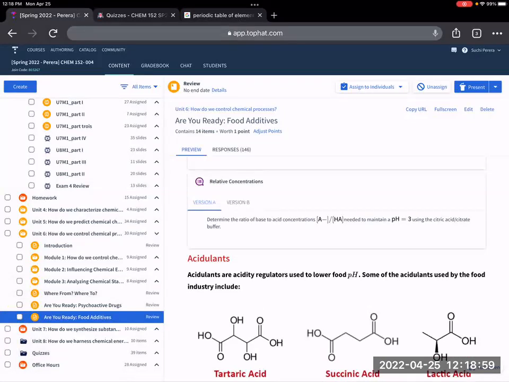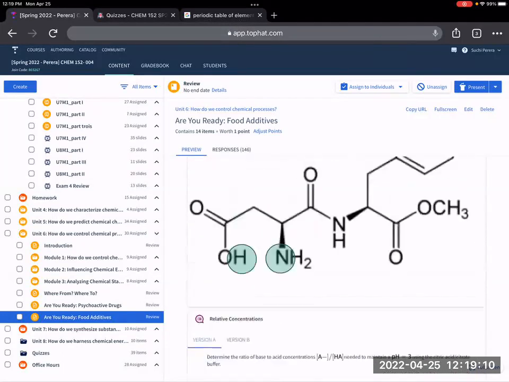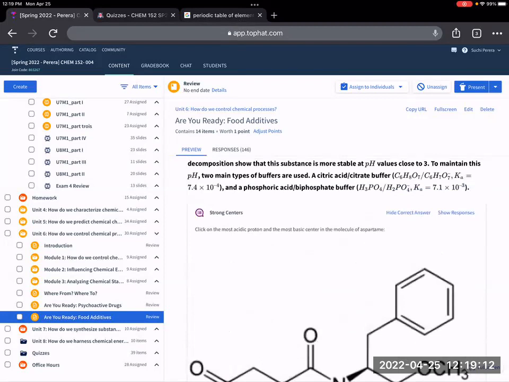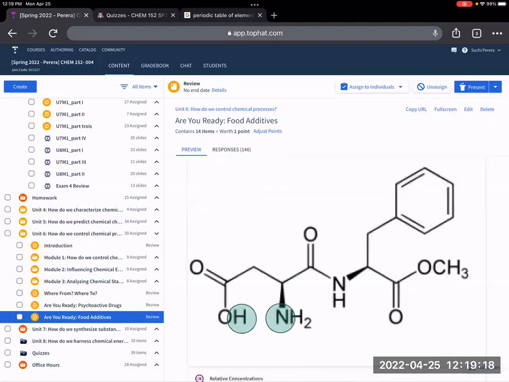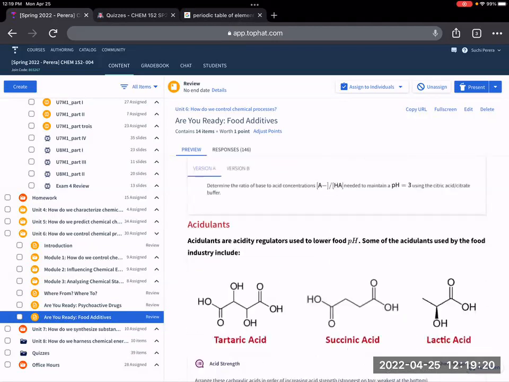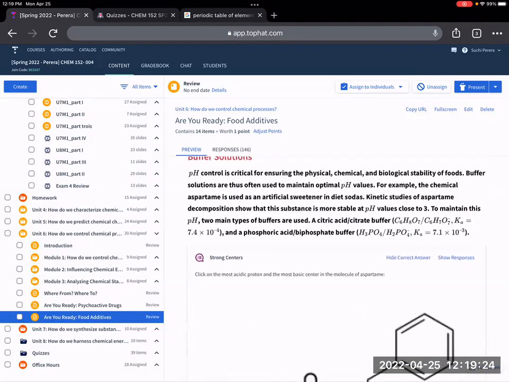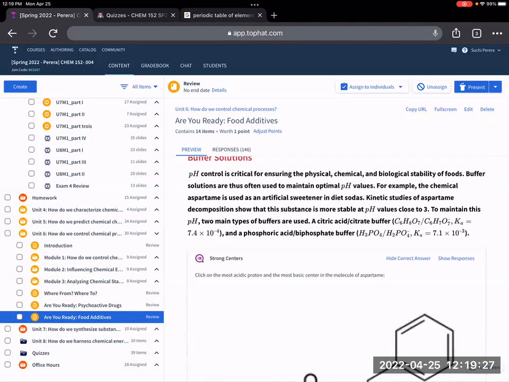And next question: determine the ratio of base to acid concentration needed to maintain a pH of 3 using a citric acid citrate buffer. So this is again coming down to the Henderson-Hasselbalch equation. What we need is pH 3, and then we have the pKa.